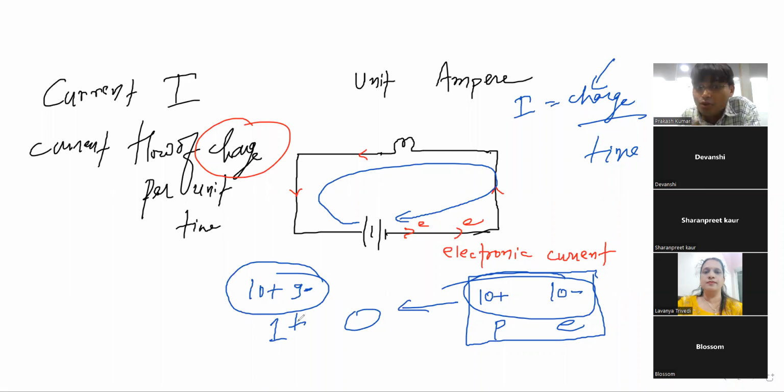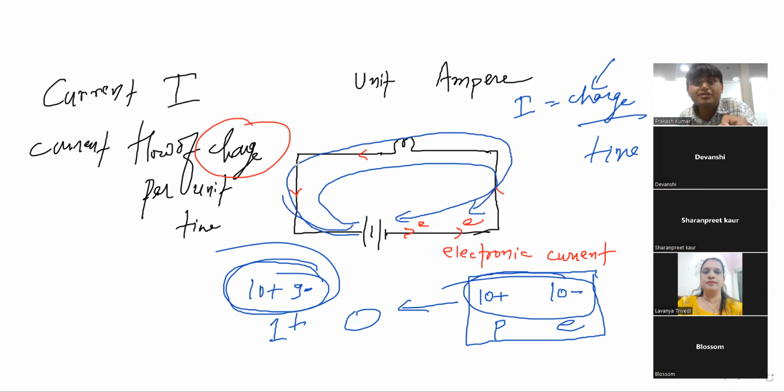So what I am trying to say is, if something is losing electrons, it is getting positively charged. So we say that something is flowing this side, that positive charge is flowing from positive to negative. But nothing positive is flowing itself. The only thing flowing is electrons being lost.